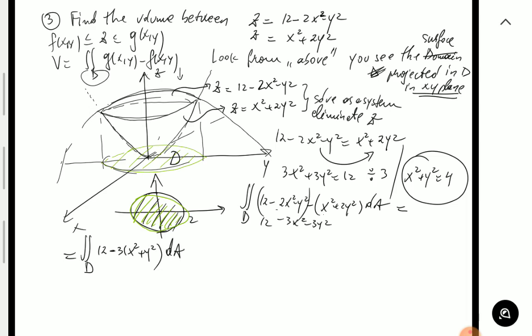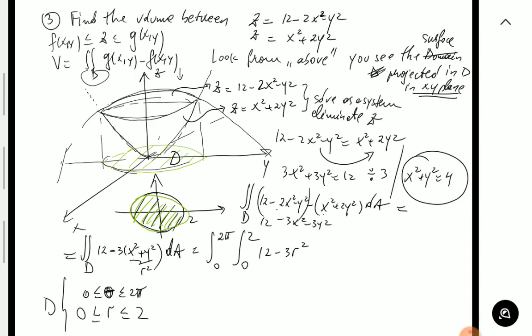Clearly, looking at the domain and the function to integrate, polar coordinates are the way to go. Now, what is D in polar coordinates? Well, it's a full circle, so the polar angle is between 0 and 2 pi, and the polar radius is from 0 to 2. So the outermost integral runs from 0 to 2 pi, innermost from 0 to 2, 12 minus 3r squared, since x squared plus y squared becomes r squared. And of course, don't forget the extra r that comes from dA.